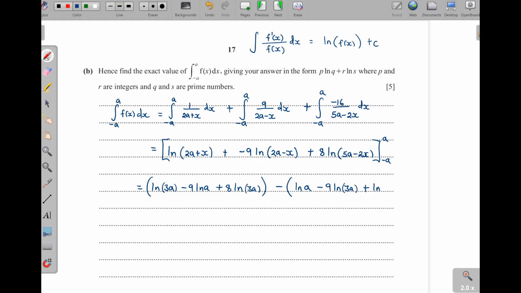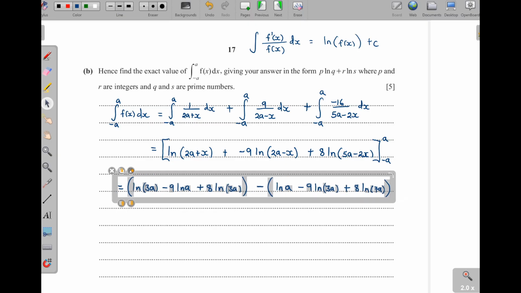So natural log, I think there is an 8, then natural log of 7a, like that. Then I will close, but all of these ones look ugly. So natural log of 7a, and then we close. Now I will extend this one a little bit here.